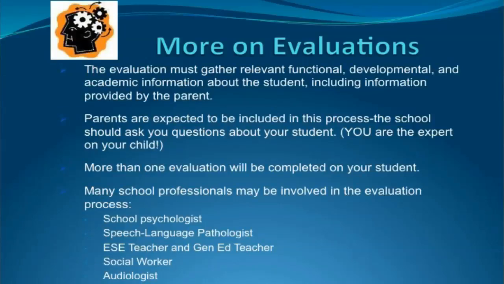Maybe an OT or a PT or an AT test, which is assistive technology, physical therapy, occupational therapy. Whatever your child presents as a need, they're going to try to find a measurement or an assessment tool to help determine the level of need for that student. So you may have 2 assessments on your student, you may have 30. It just really depends on your particular student's needs.